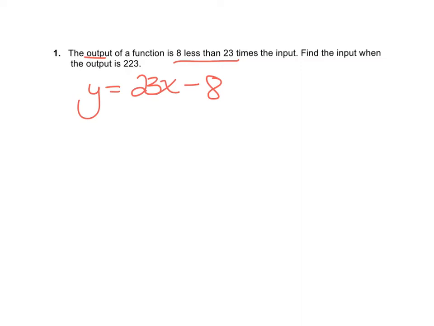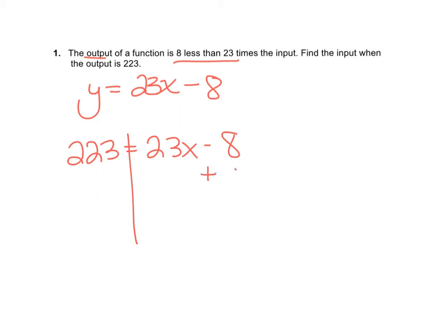So now we need to find the input when the output is 223. I'm going to put in 223 where I have my output, which is y, and I have 23x minus 8. So I'm going to solve for x.